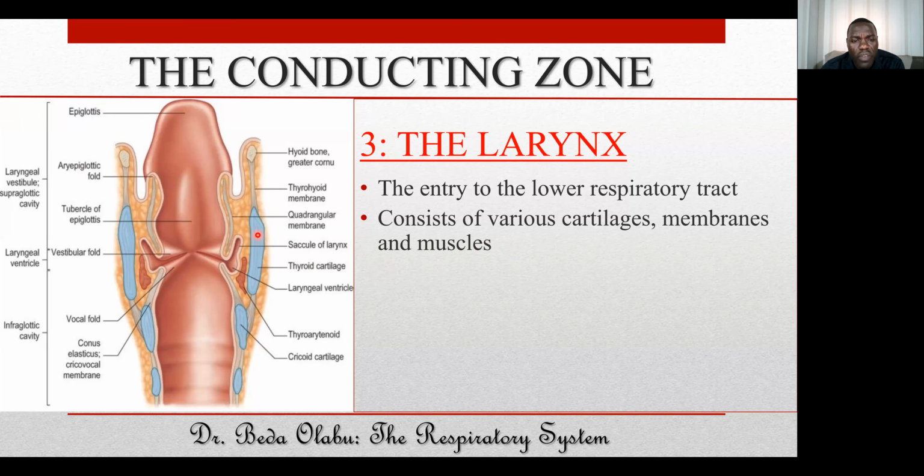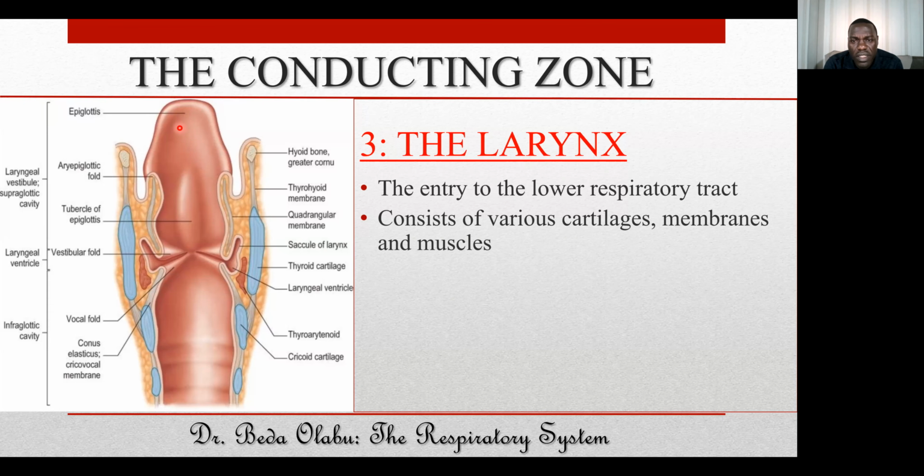Okay, so I've mentioned the thyroid cartilage. I've mentioned the cricoid cartilage. The third cartilage I want to mention is the epiglottic cartilage. Epiglottis is something that controls the opening of the airways when you're swallowing.